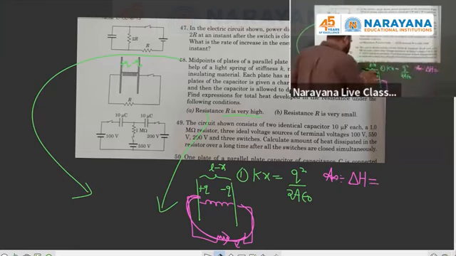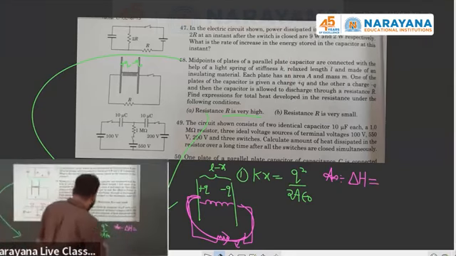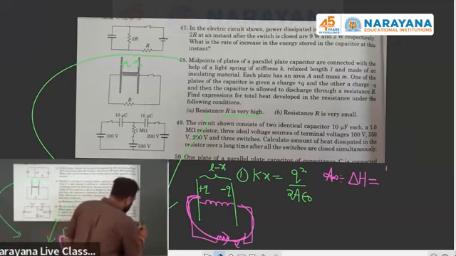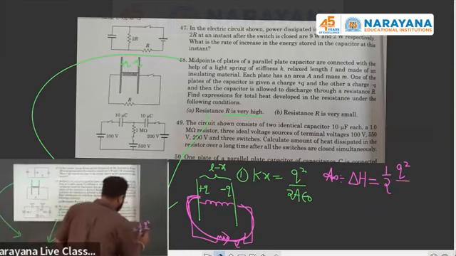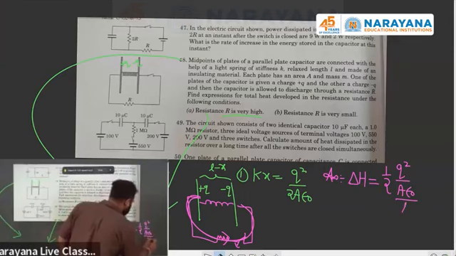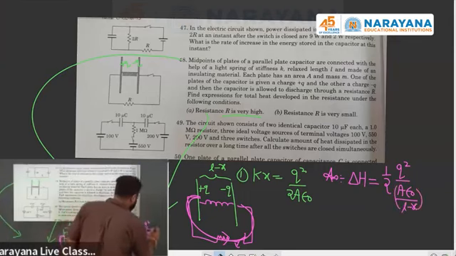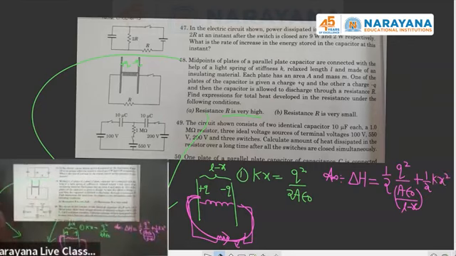So basically, in this case, the answer to the problem should be that whatever heat is generated should be the sum of energies stored at that instance, and I have two of them. I have half Q square upon C, which I have provided, where C is A epsilon naught by L minus X, and I also have a spring energy term, which is half Kx square at that instance.